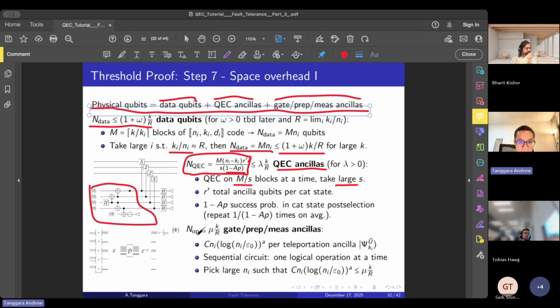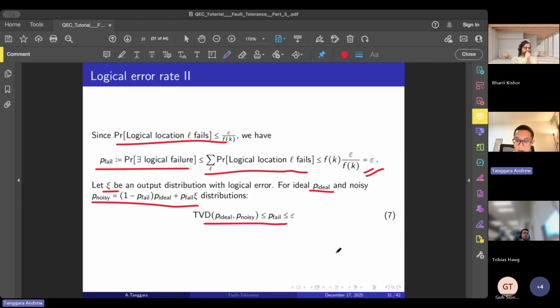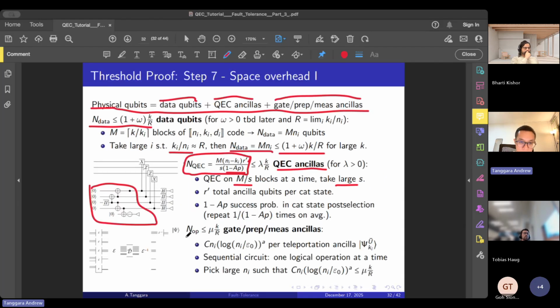Okay, so lastly, we have the number of qubits for ancillas for gate teleportation, and that's denoted by this n_up. We have this because we're using a concatenated code, so we need a polylog number of qubits for this concatenated code encoding.